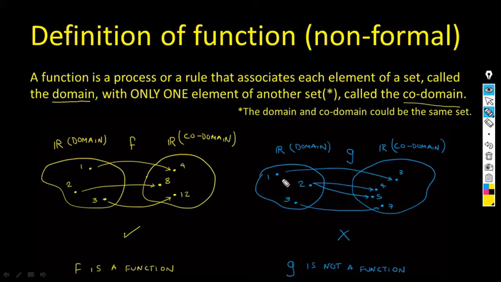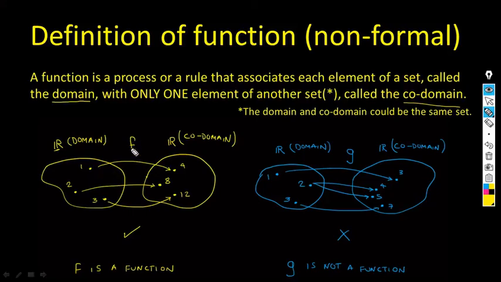So for example, let's look at these two diagrams. In here, I'm representing a machine or a process F that is taking elements of this set, which is the set of real numbers. Look here. And it's also called the domain. This is the domain of this function, okay? And it's taking the number 1 and transforming it into the number 4.